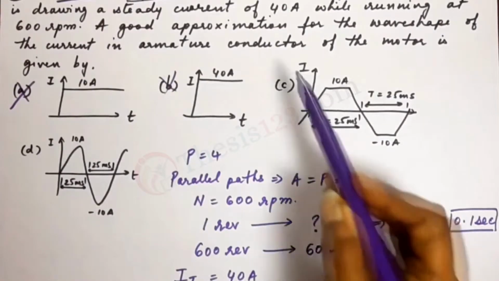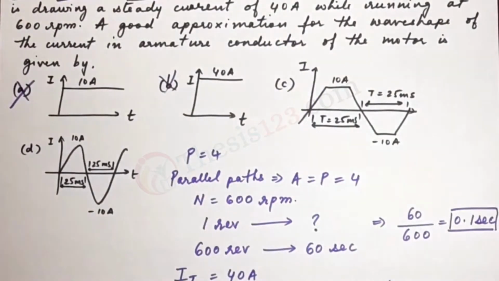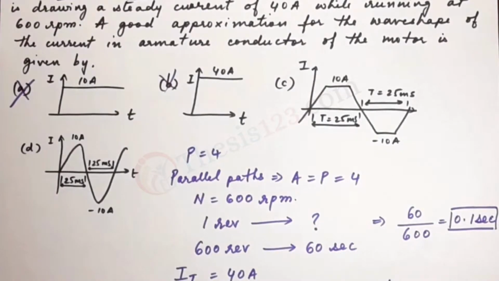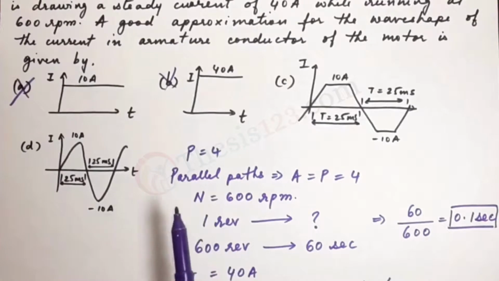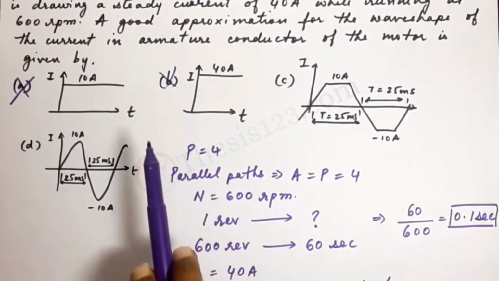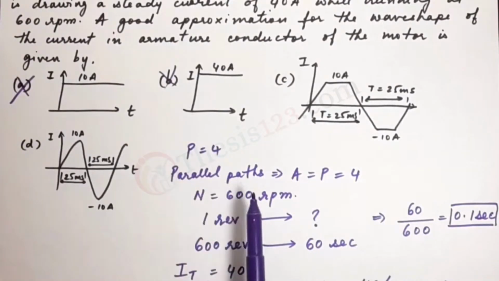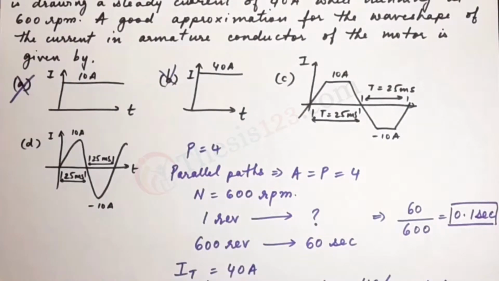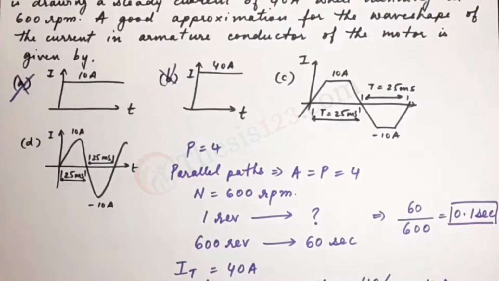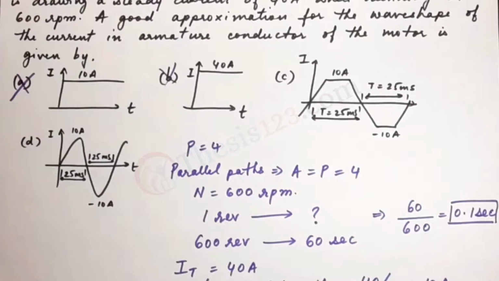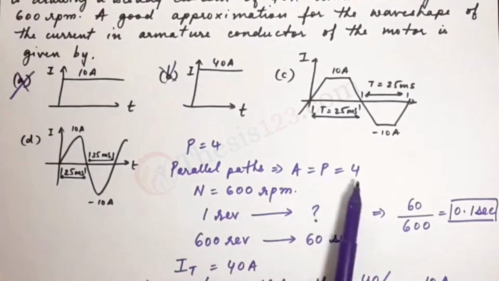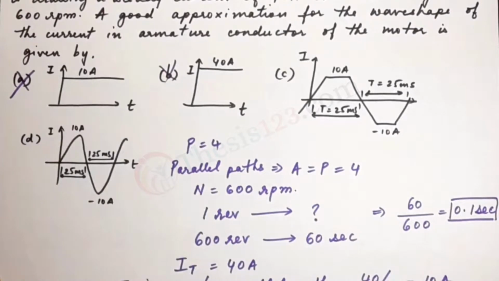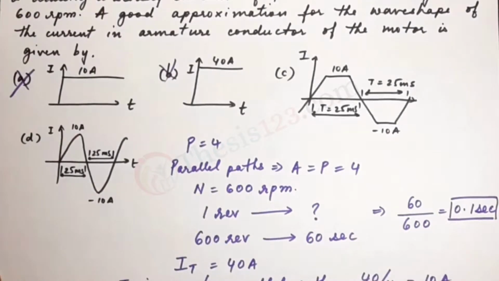Now the total current in the question is 40 amps. So the total current is 40 amps, the current that is passing through, the steady state current. Since we have also been given the number of parallel paths, that is lap connected, that should tell us that we need to find out the current in each parallel path. So the current in each parallel path would be the total current divided by the number of parallel paths, 40 by 4, which gives us 10 amps.